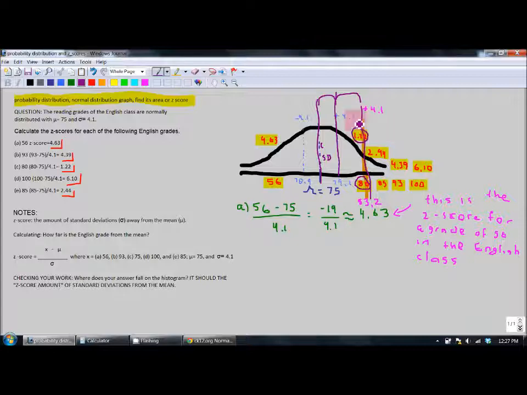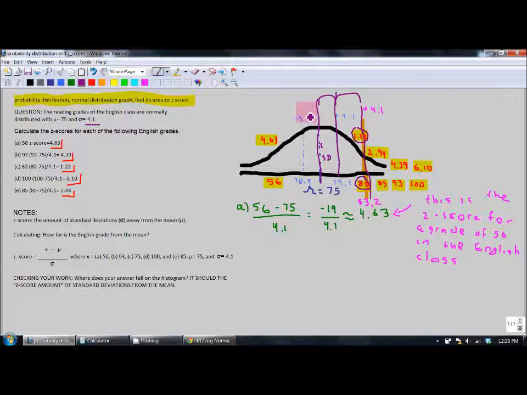So, for example, if you're already given that 4.1 is the standard deviation from the mean of 75, every time you're just adding 4.1, adding 4.1. A third standard deviation would be another 4.1 away from this second standard deviation, and so on in this direction.